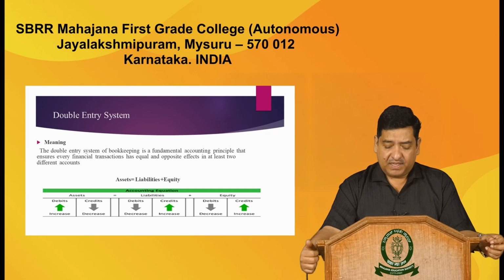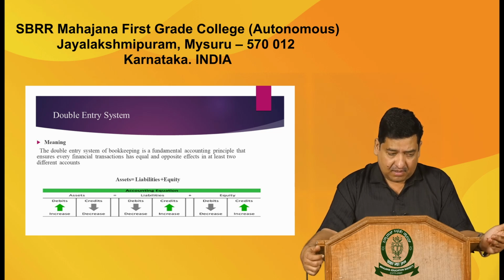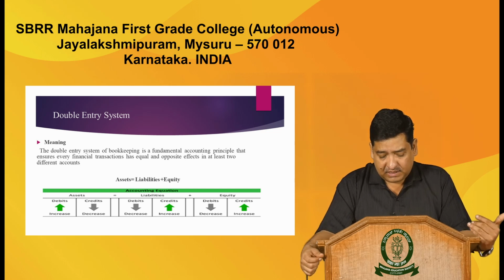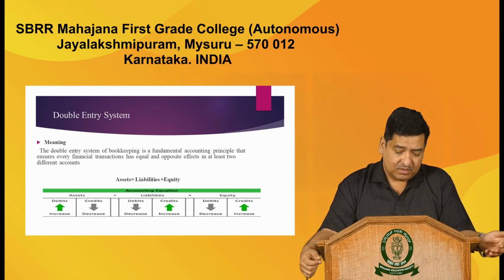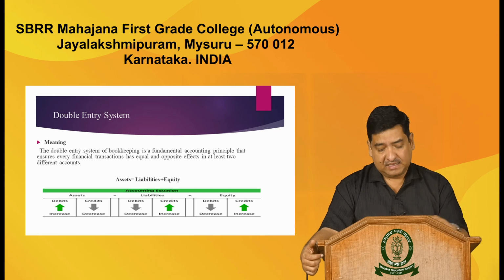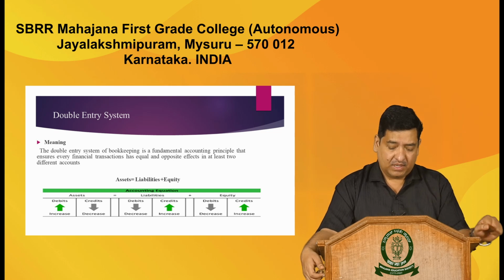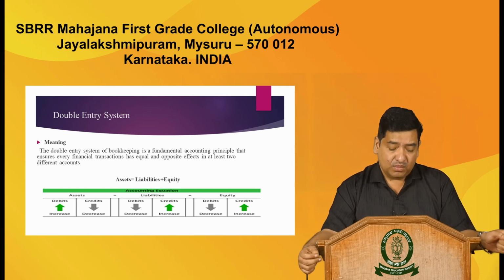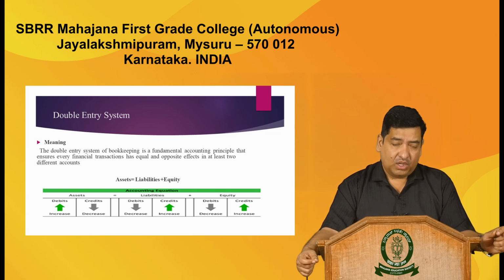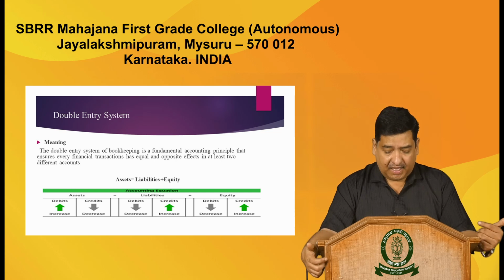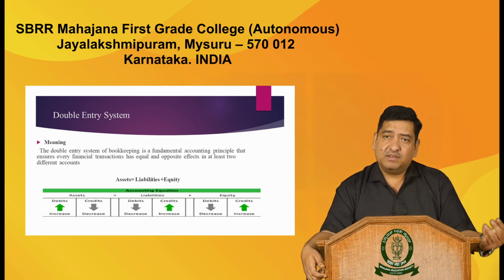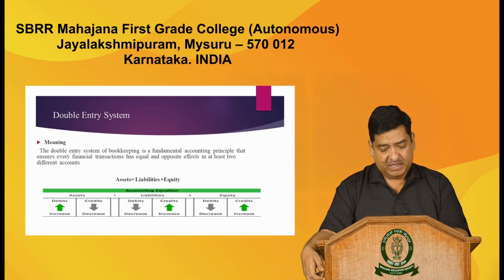See, accounting equation, when you have assets, whenever you have a debit, there is an increase. When you have a credit, you have a decrease in the amount. And whenever you are going to deal with the liabilities, a debit entry will give you the decrease, and with respect to the credit, it will give you the increase in the liability.